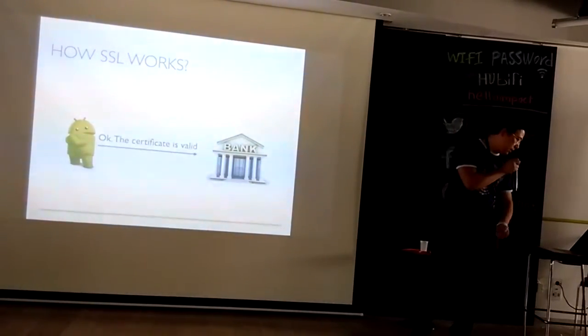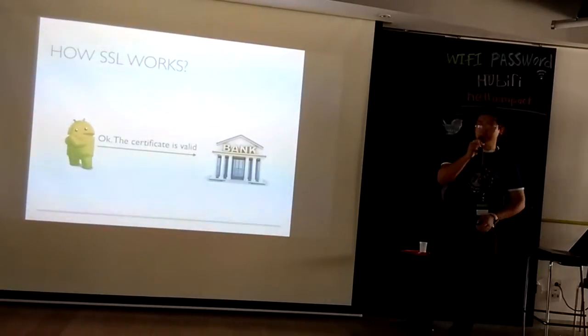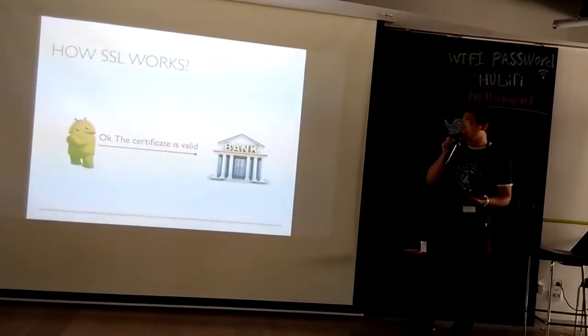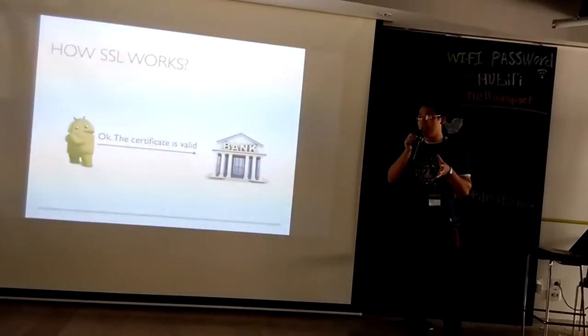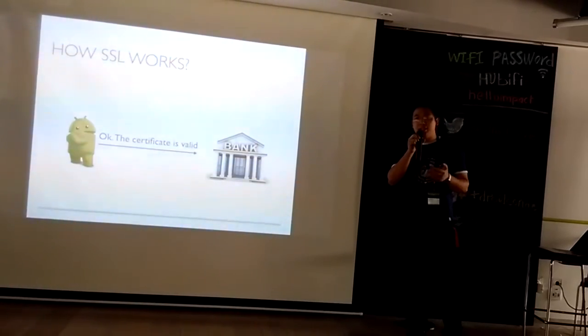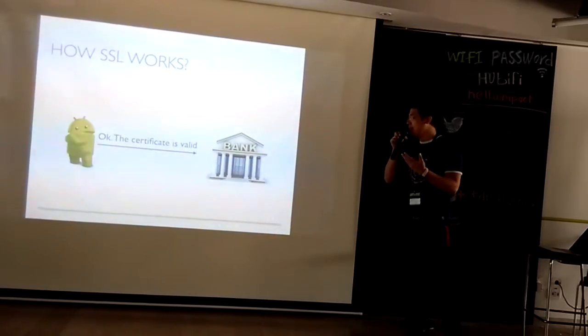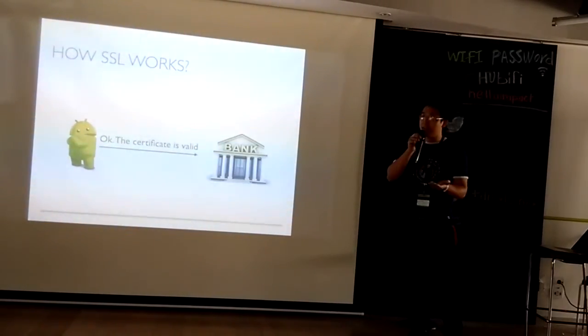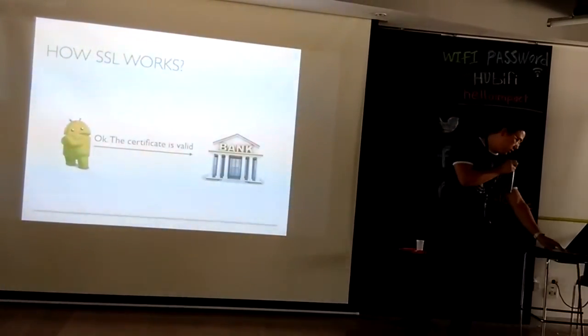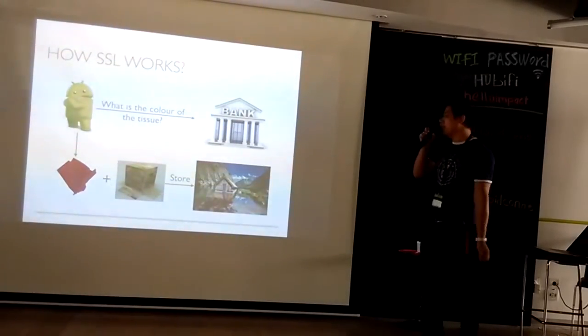Then, the certificate is valid, but that doesn't mean the one who sent me the certificate is the bank. It's the owner of the certificate. So someone has to prove that this entity is the bank itself. So what I can do is ask again.